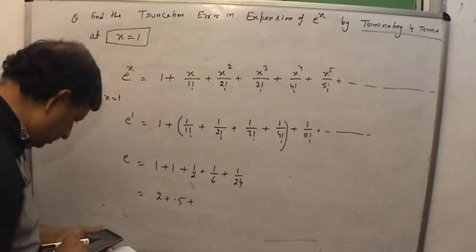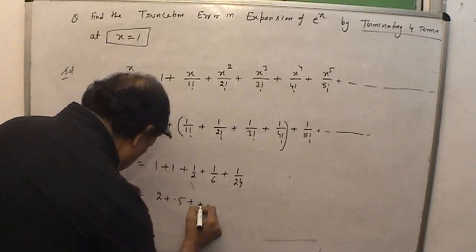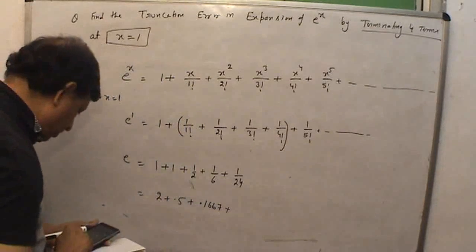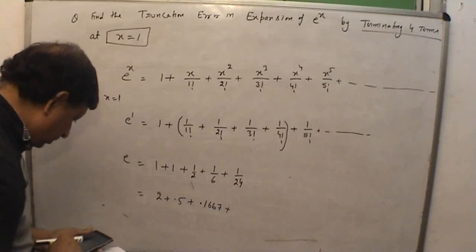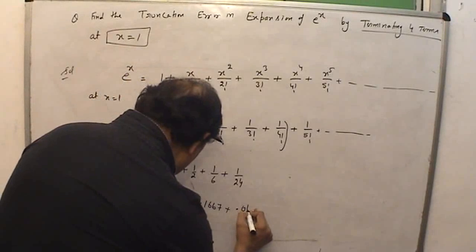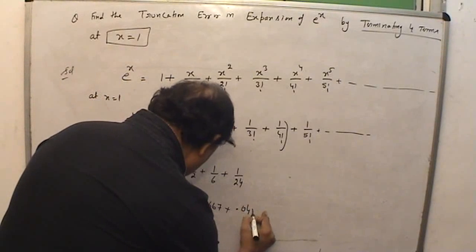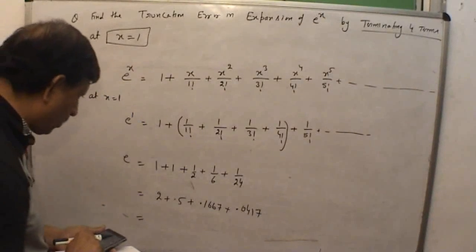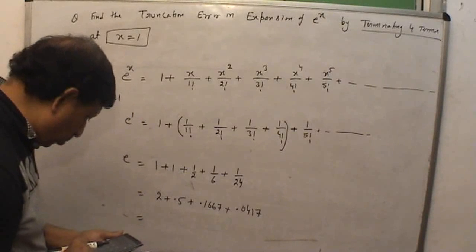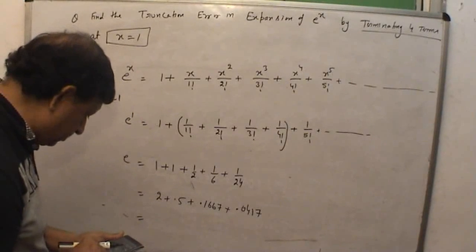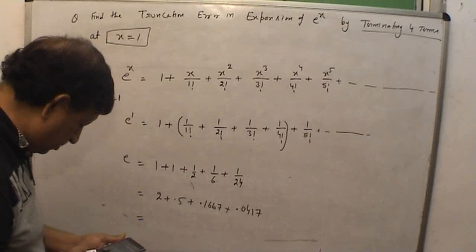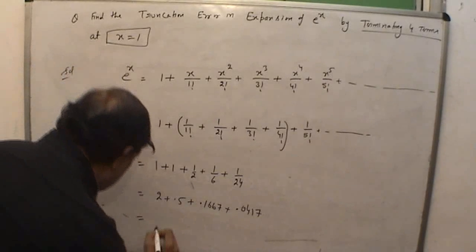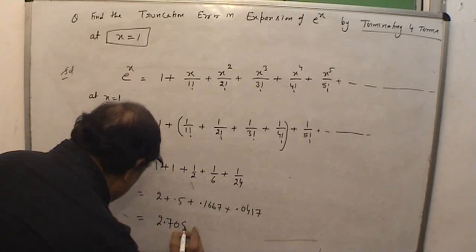1 divided by 6 is equal to 0.1667, plus 1 by 24, that is equal to 0.0417. So 2 plus 0.5 plus 0.1667 plus 0.0417 is equal to 2.7084.